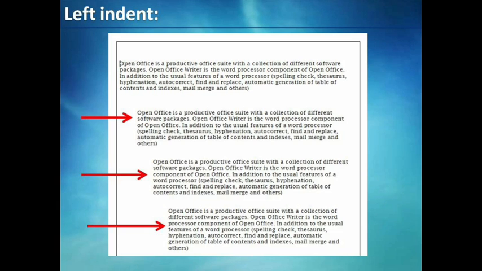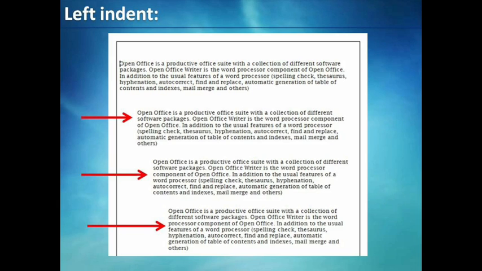When we click the same icon again, the same paragraph moves from the left margin once again by half inch. See here, the arrow mark is indicating the left indent. I click the indent icon 3 times. See the fourth paragraph. It is 3 times away from the left margin.